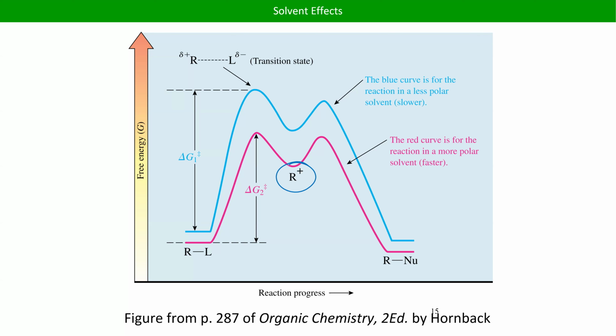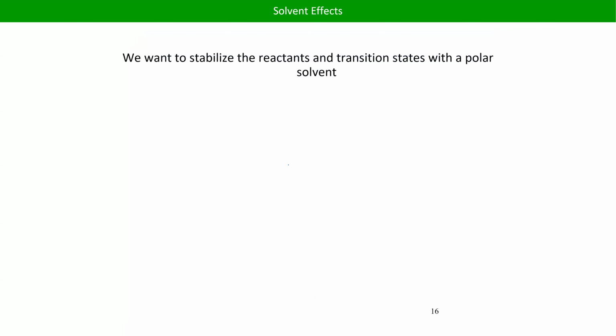The more polar your solvent, the more likely you are for SN1 to happen, because you've stabilized both your leaving group and your carbocation intermediate. So the more polar solvent, the more likely you are to have an SN1 reaction. Correct.